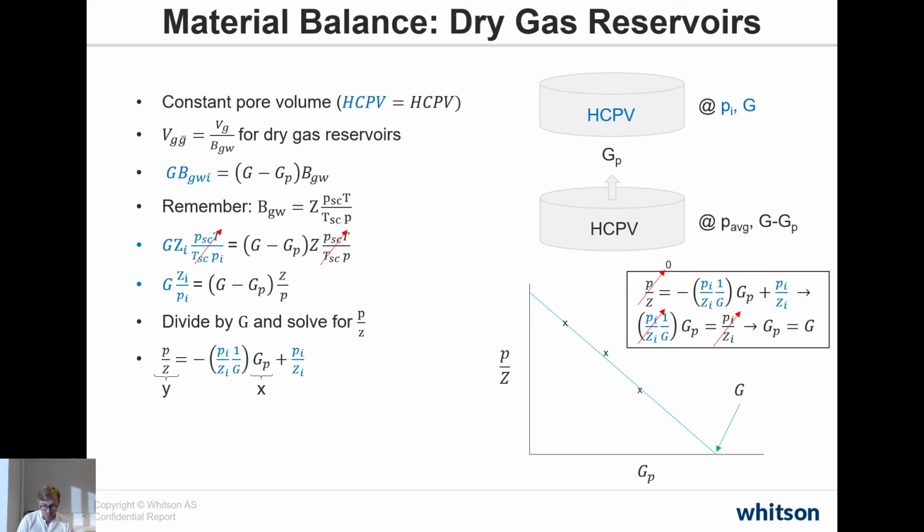And what happens when P over Z is 0, if we use this equation to the left here, and we say that it should be 0, we get essentially that this has to be equal to 0. We can then divide Pi over Zi on both sides of the equation, and we get that at that point Gp is equal to G. And we get this number that we were after. Good.